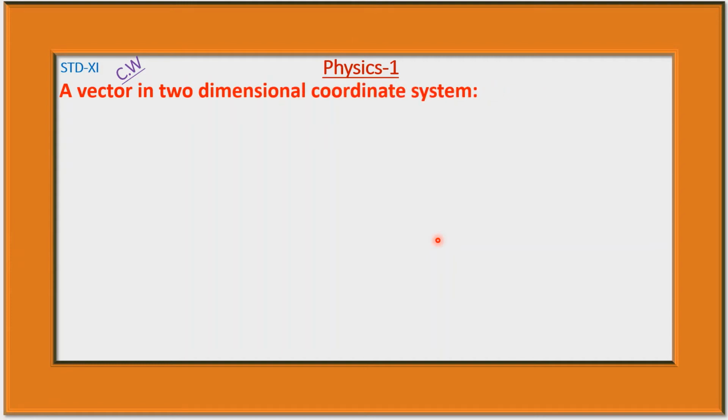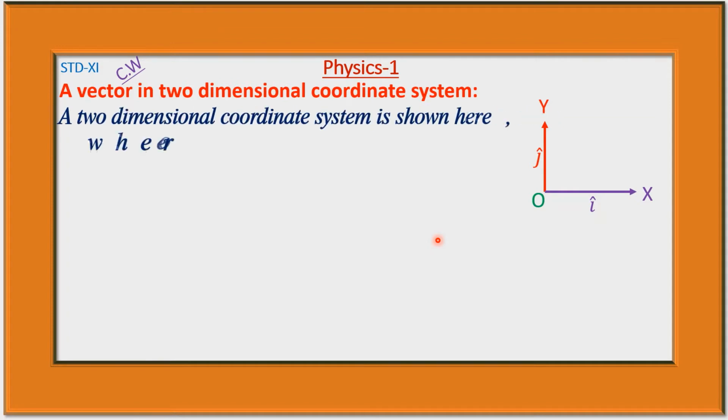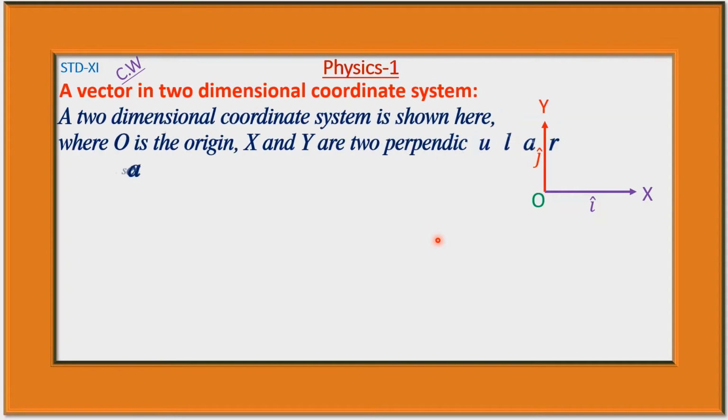A vector in a two-dimensional coordinate system. Here a two-dimensional coordinate system is shown. Here are two mutually perpendicular axes, x-axis and y-axis, and we know along the x-axis the unit vector is i and along the y-axis the unit vector is j.